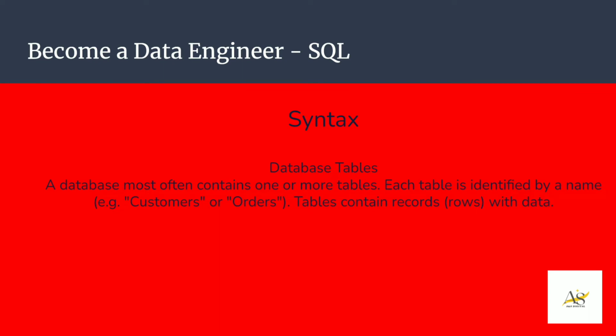So let's look at the syntax involved in SQL. First and foremost is the concept of a database table. A database contains one or many tables. Usually it's going to be many tables. Each table has a name and has records. I'll give you an example of a customer table.